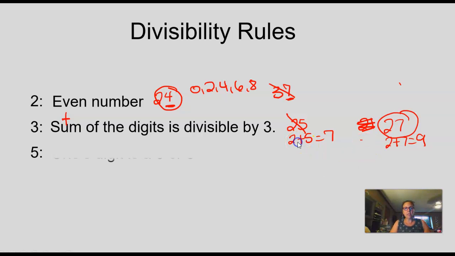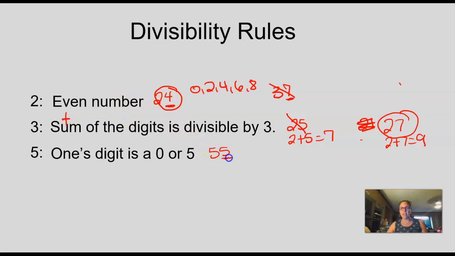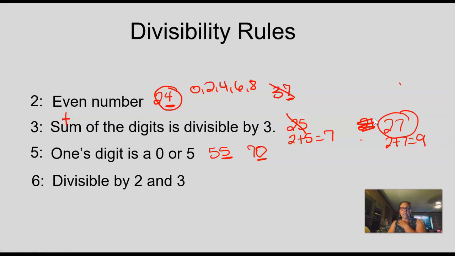Okay. Number 5. The ones digit is a 0 or a 5. So the number 55, it ends in a 5. Yes. The number 70, it ends in a 0. The ones place is a 0 or 5. The number 6: if the number is divisible by 2 and 3, it's also going to be divisible by 6.